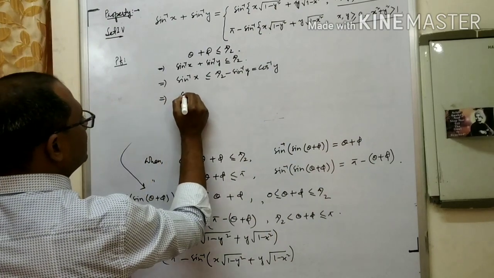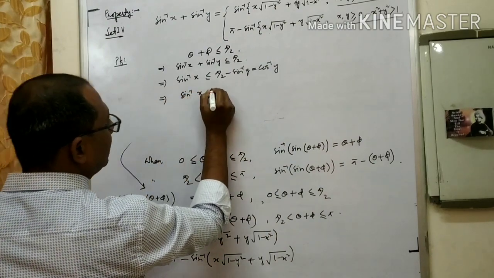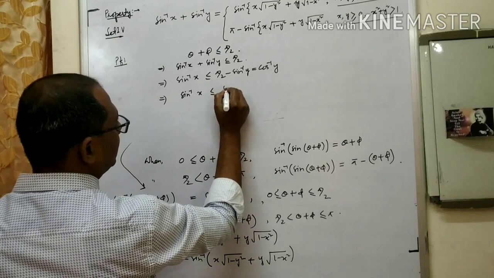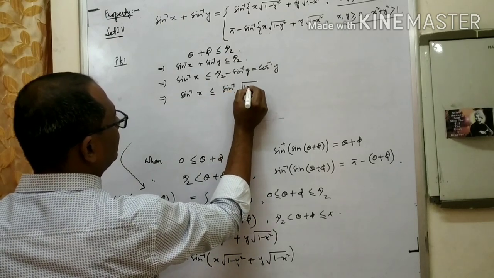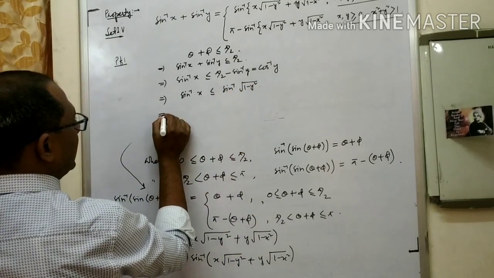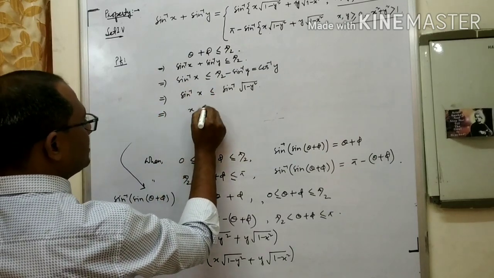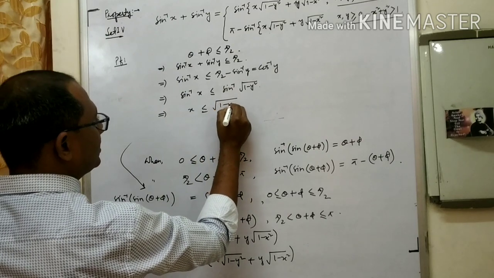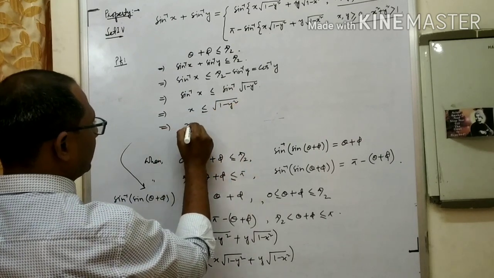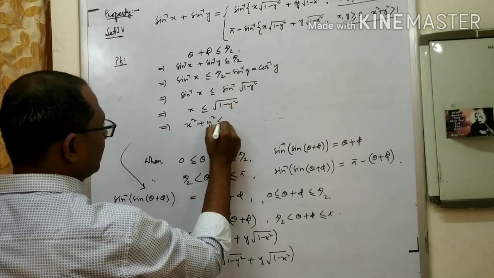So sine inverse of x is less than or equal to cos inverse of y, which can be written as sine inverse of root over 1 minus y squared. Taking sine on both sides again, I'll get x less than or equal to root over 1 minus y squared. Squaring both sides, I'll get x squared plus y squared less than or equal to 1.